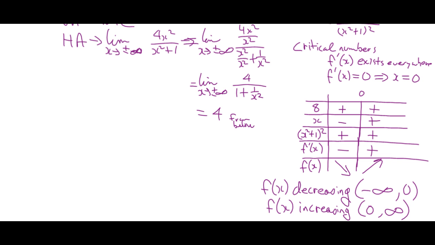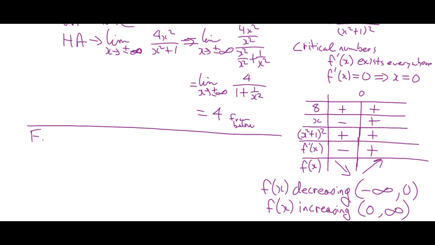We can see them there, but let's make it explicit. It's decreasing from negative infinity to 0, and it's increasing from 0 to infinity. Okay, so that's E. I'm just going to go over here, and we'll do F.